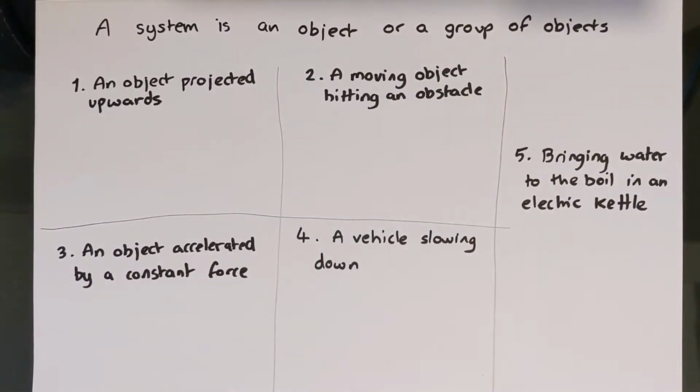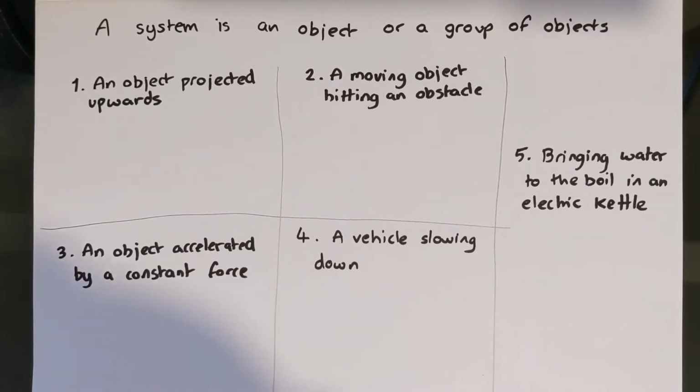Okay, so your specification goes on to talk about specific energy system changes that you need to know about. I'm just going to read this section from the start of the specification section that covers this. So it says, a system is an object or group of objects. There are changes in the way energy is stored when a system changes.